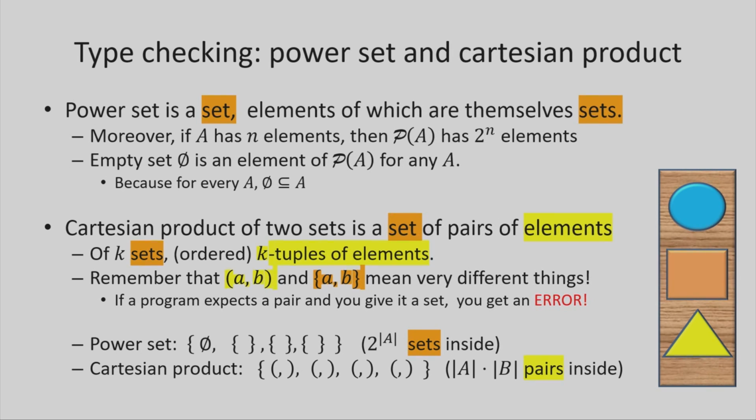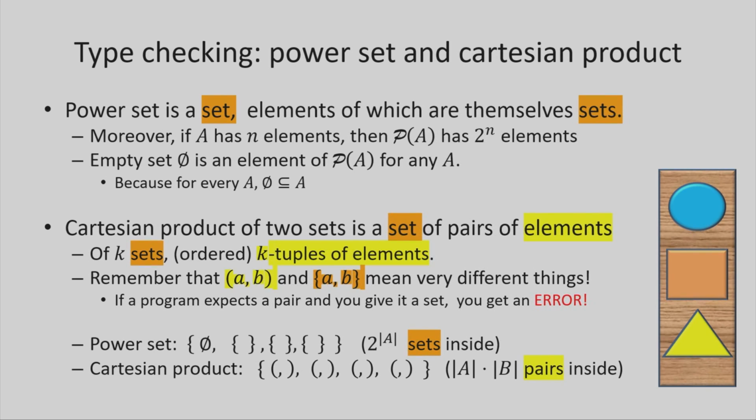Now, if you're doing a Cartesian product, it's a set of points or pairs of elements. Or it may not be a pair. If you have k sets, k dimensions, it may be a list, an ordered tuple of k elements. But in general, they're not going to be sets. They're going to be points where the order matters.